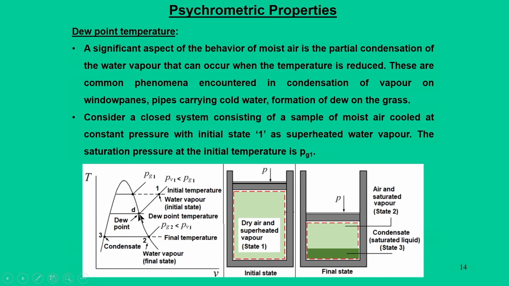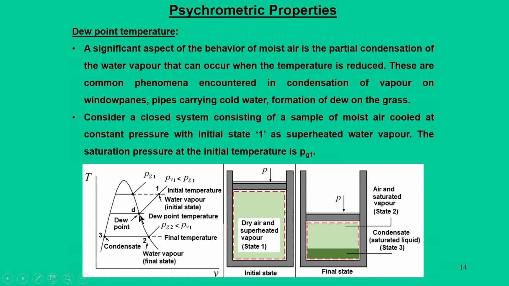Below this, the temperature cannot be reduced further at the same pressure, because we have already crossed the saturation point on this curve, and cooling at the same pressure is not possible, because it is going to change the phase.